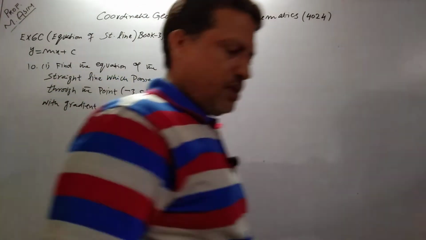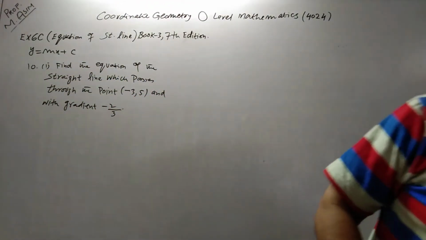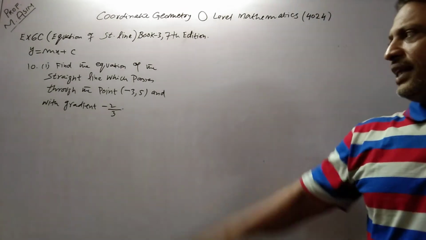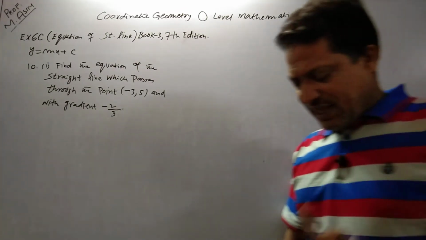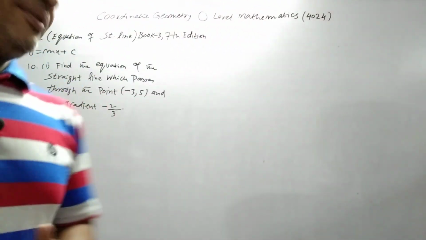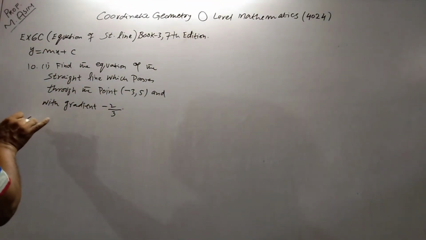Easiest part, because if you have the gradient and the coordinate, then you can easily find the equation of the straight line. Solution of part 1.